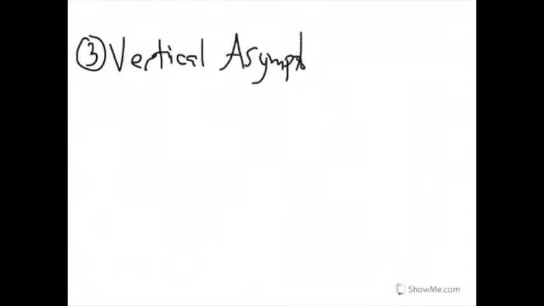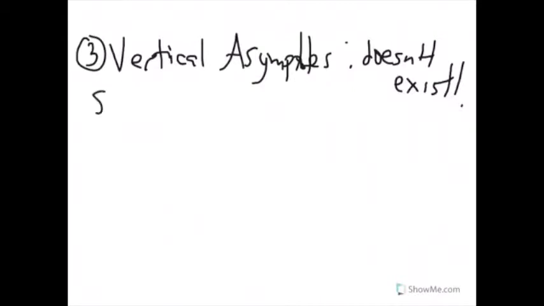The third thing we want is vertical asymptotes. If you don't remember, vertical asymptotes mean where the graph doesn't exist. Because rational functions have the property that you can't simplify or cancel anything, we find vertical asymptotes by setting the denominator equal to 0 and solving for x.